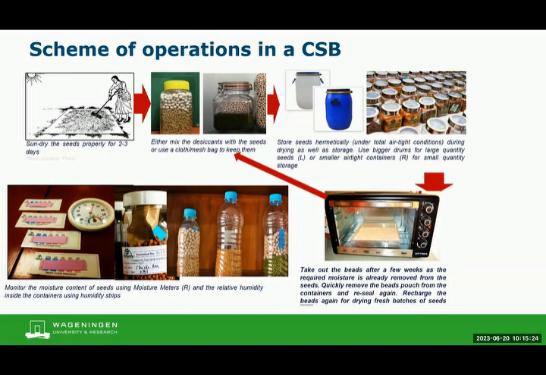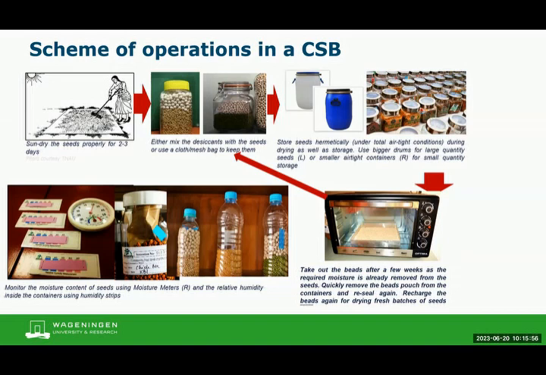We have even used pouches made out of newspaper, or envelopes made out of paper, and we have put the beads inside them and stapled it close so that it doesn't spill out, and put that envelope inside the seed bin or the seed box or the seed bottle, anything. But for larger quantities, it is better to use a cloth bag, because otherwise that paper will not be strong enough. The paper envelope may break, but a cloth bag is much better.